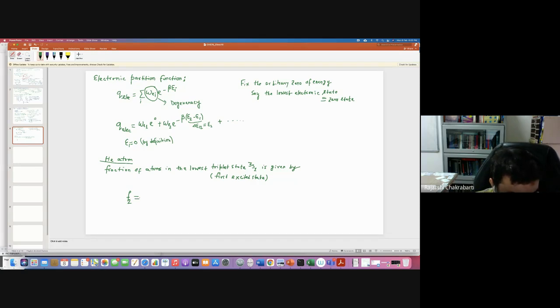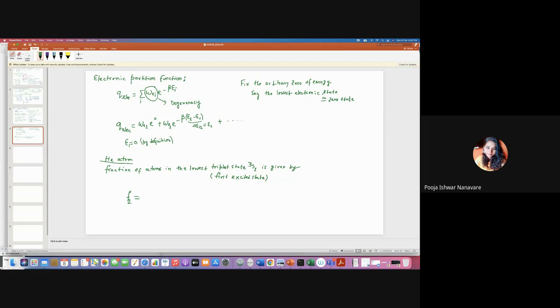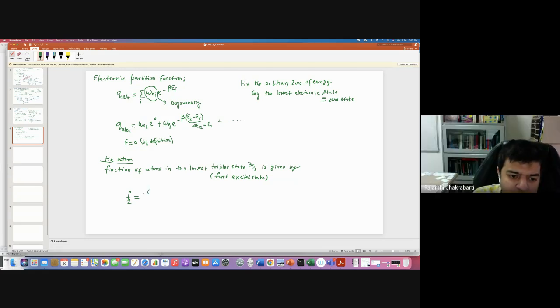Any suggestion? This is a fraction. Yeah, very good. It will be omega e2 exponential of minus beta delta epsilon 12, divided by the partition function essentially, isn't it? Sorry, it is to the power of 0.